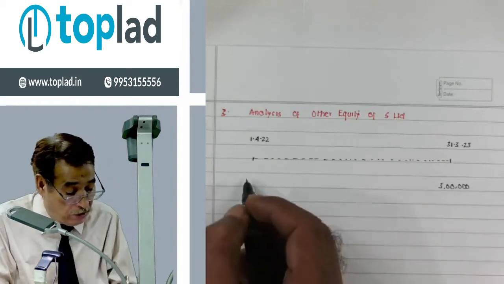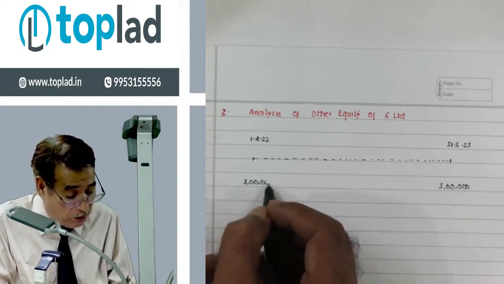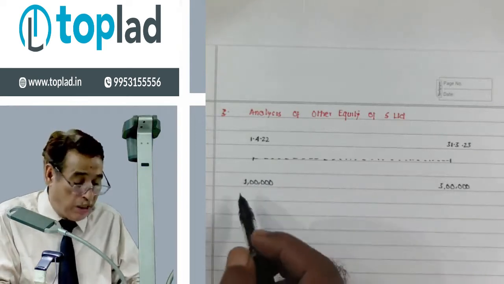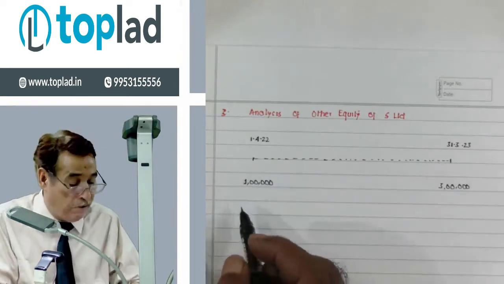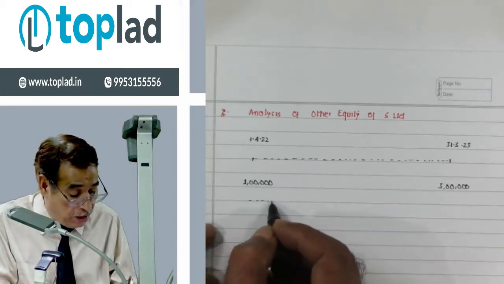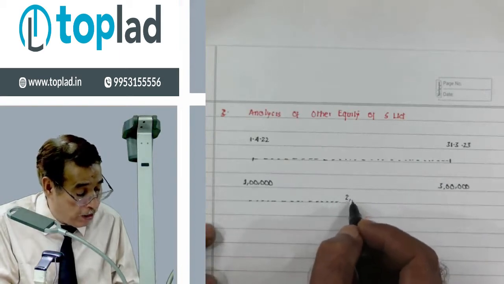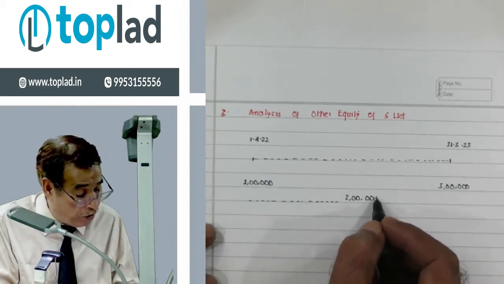And in the additional information, it is given balance in the beginning is 1 lakh. I need not require to tell you time and again that this balance was acquired last year itself. Correct? Now, that means in the current accounting period, subsidiary company must have earned 2 lakh worth of other equity.